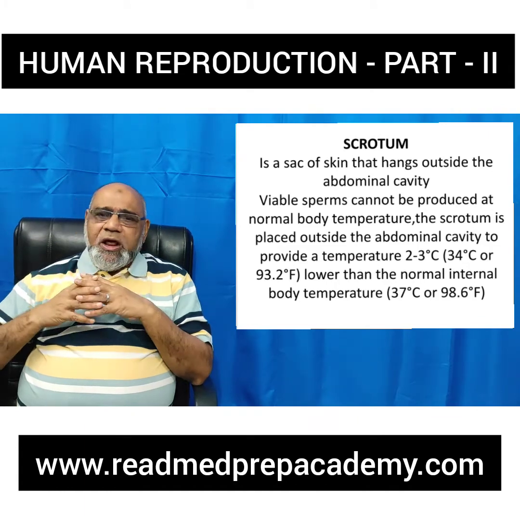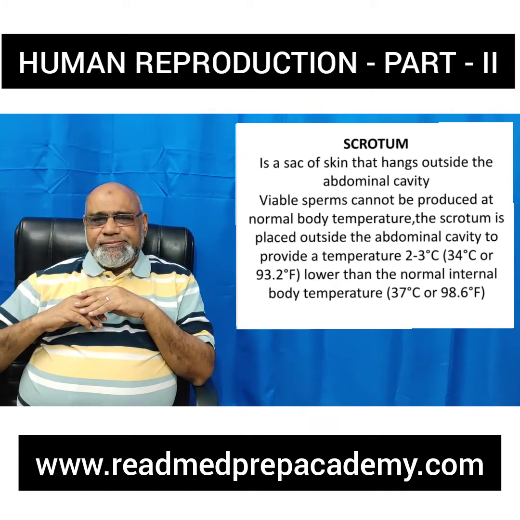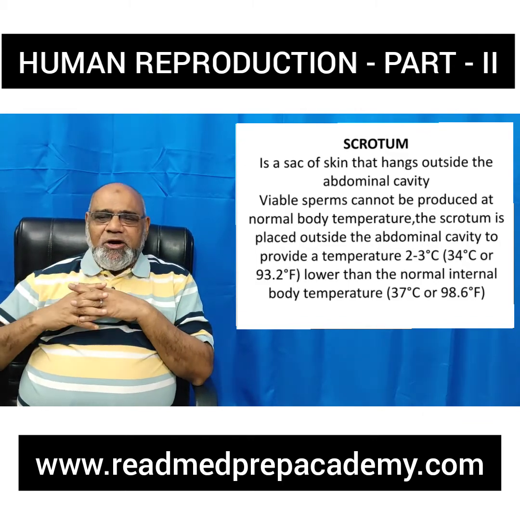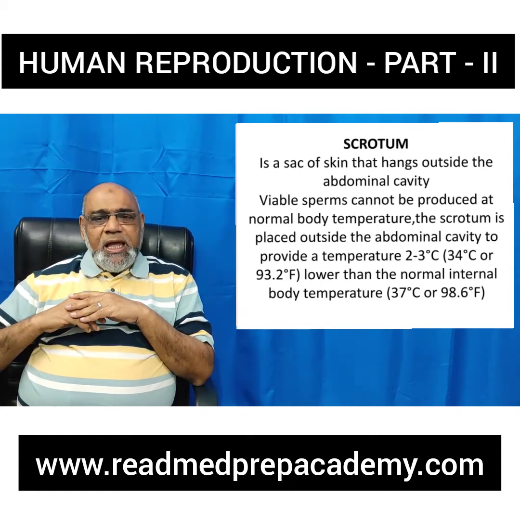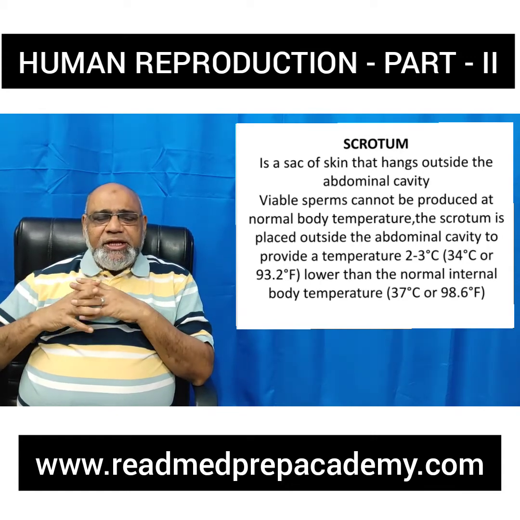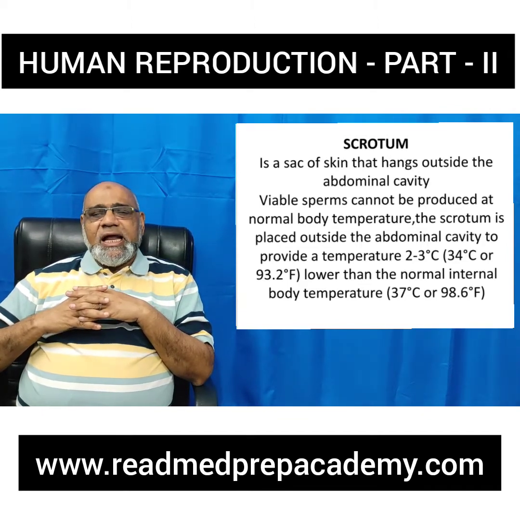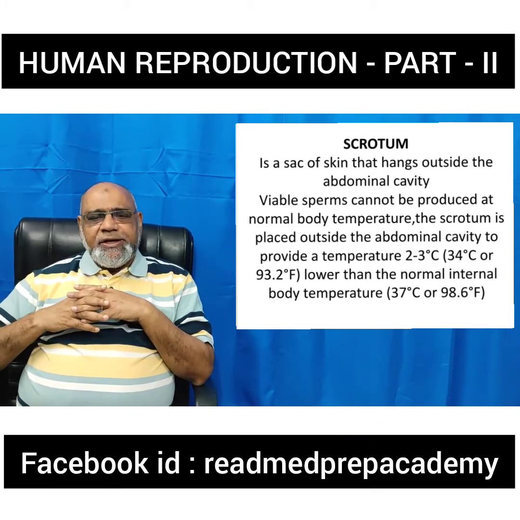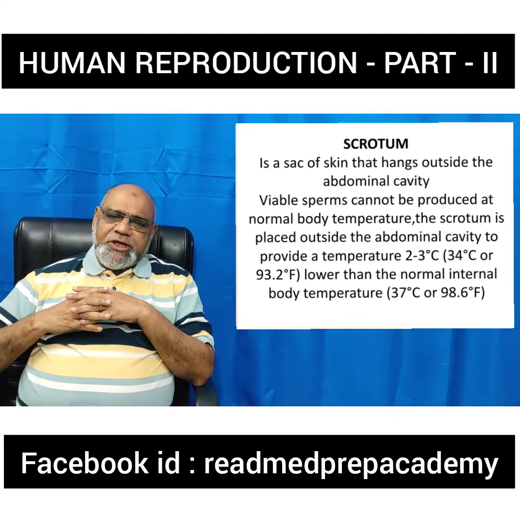Viable sperms cannot be produced at the normal body temperature. So the scrotum is placed outside the abdominal cavity, and the temperature is 2 to 3 degrees lower than the body, around 34 degrees centigrade or 93.2 Fahrenheit, which is lower than the normal internal body temperature.